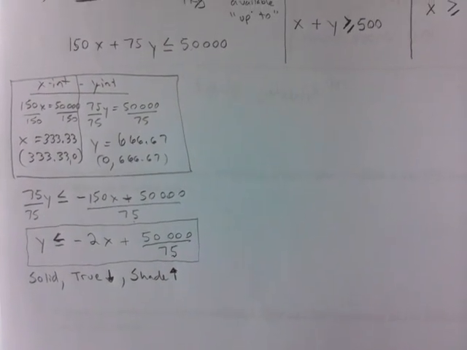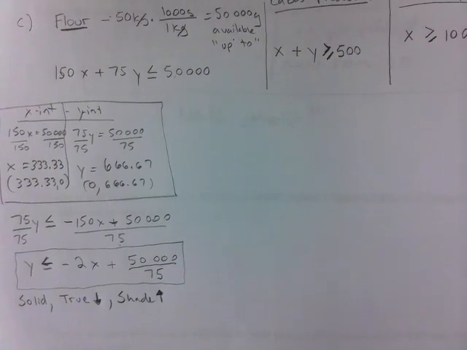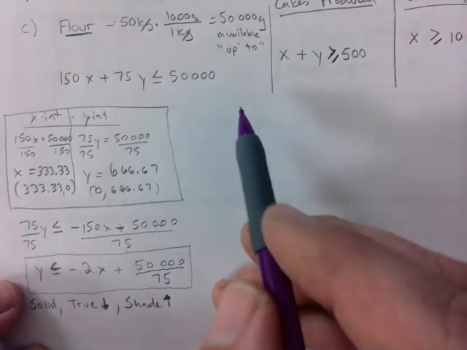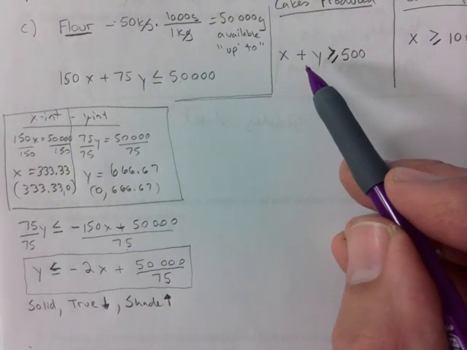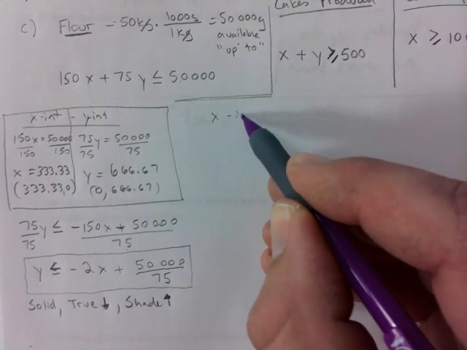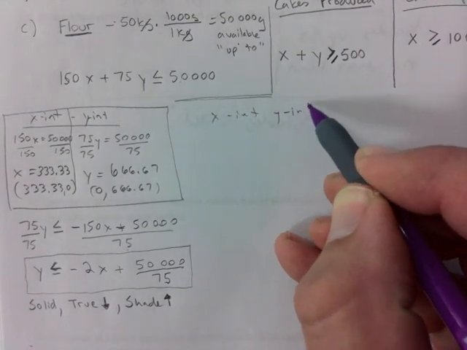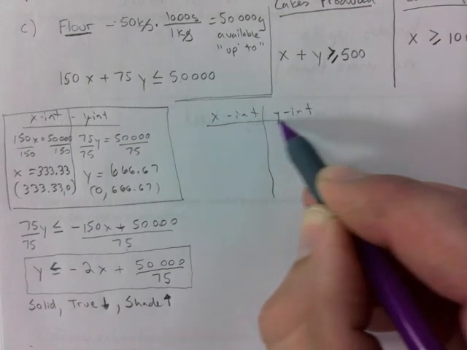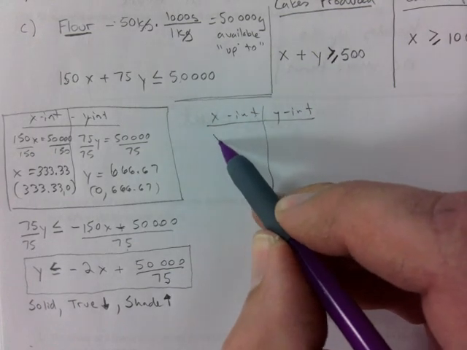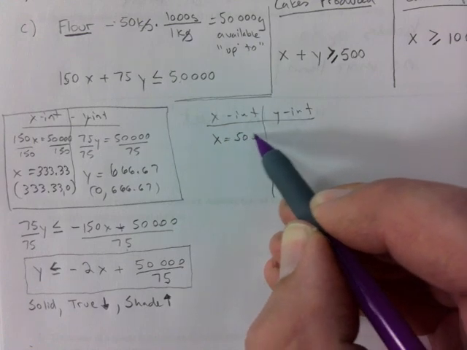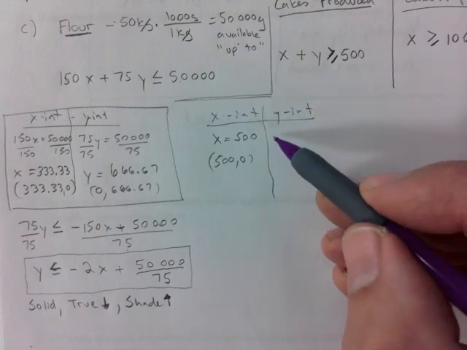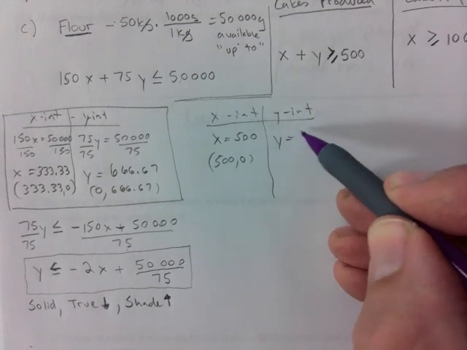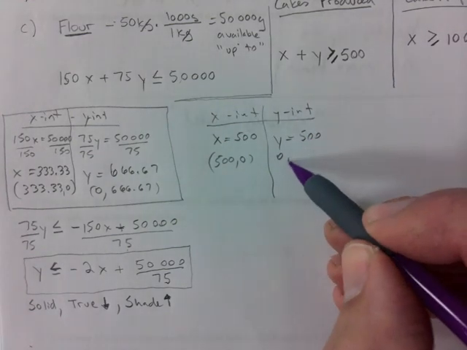Next, the easier ones. I will kind of block this off here. This one is actually fairly simple to do. The x-intercept, y-intercept. After a while, you're just going to know already. If y is equal to 0, x is equal to 500, so that's (500, 0). If x is equal to 0, you're just left with that, so that's (0, 500).